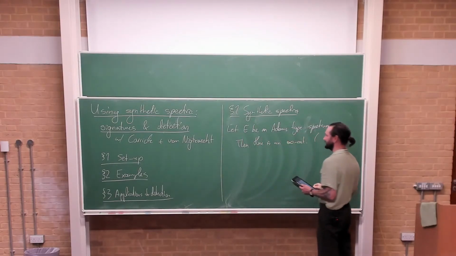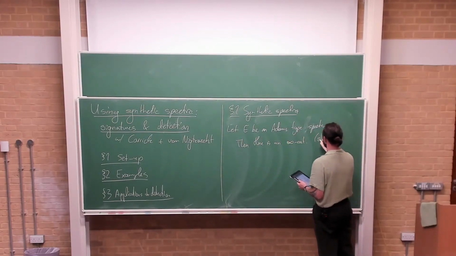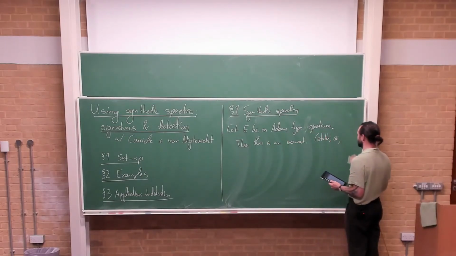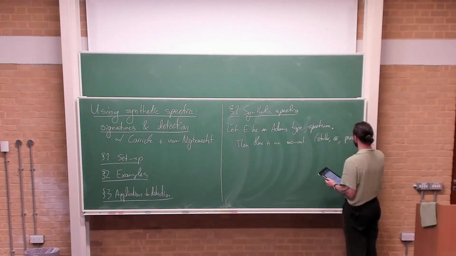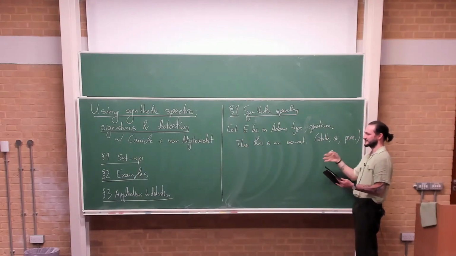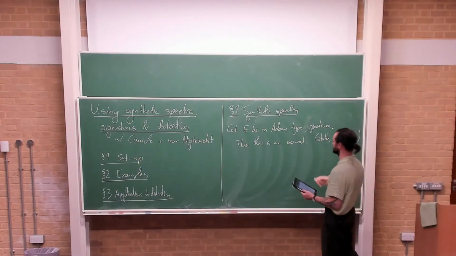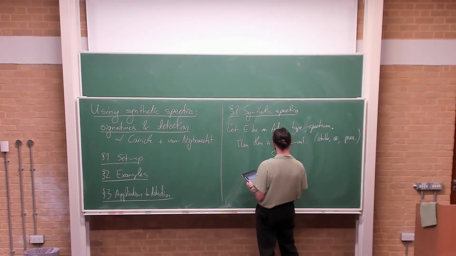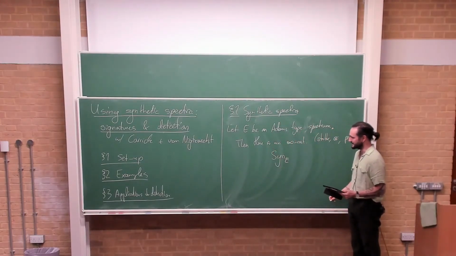And of course, it's going to have all the usual lovely adjectives. So this is going to be stable, it's going to be symmetric monoidal, and it's going to be presentable. So in particular, you can do all of the normal operations and constructions that you're used to in spectra. So there's an infinity category of synthetic spectra, which I'll write as Syn with a base E.